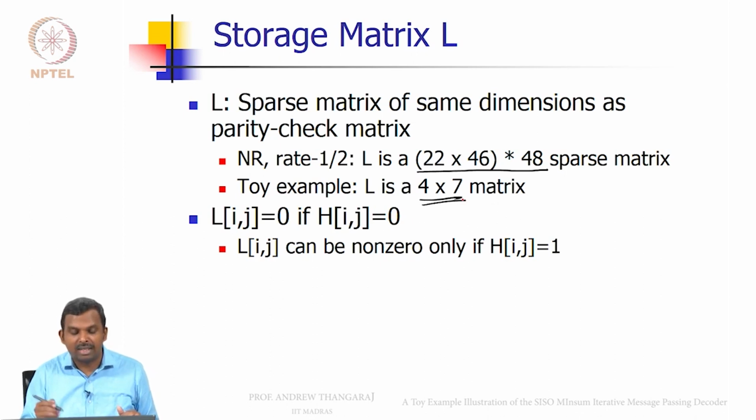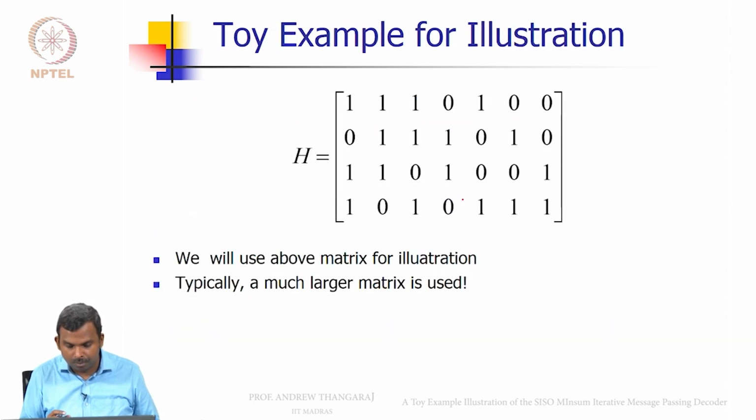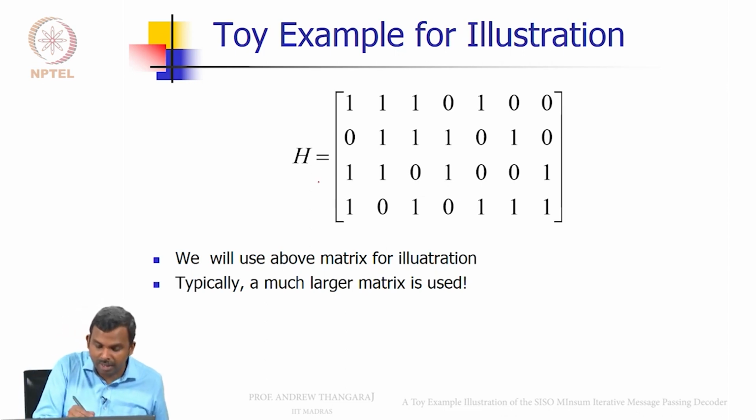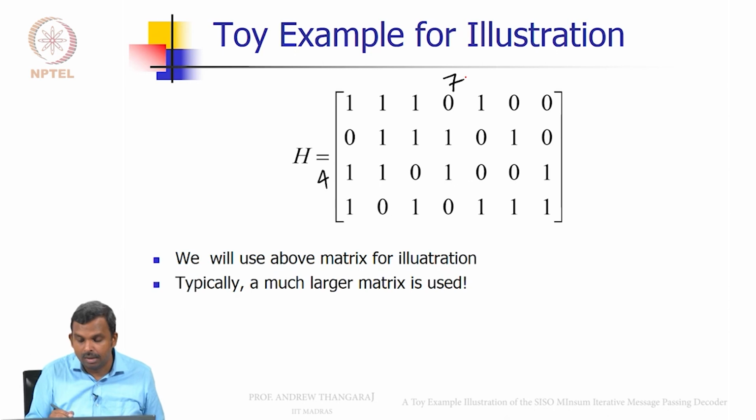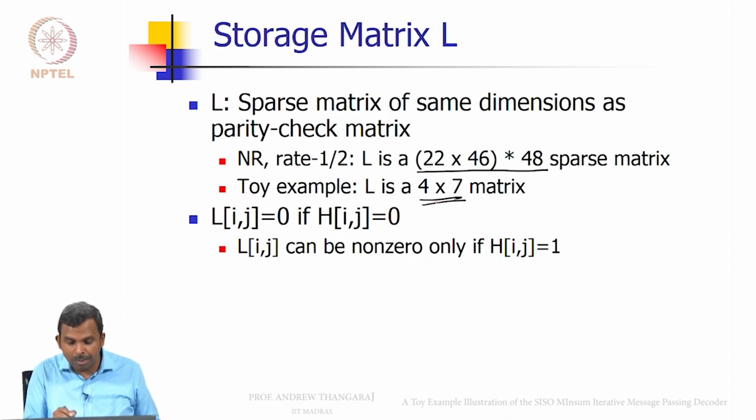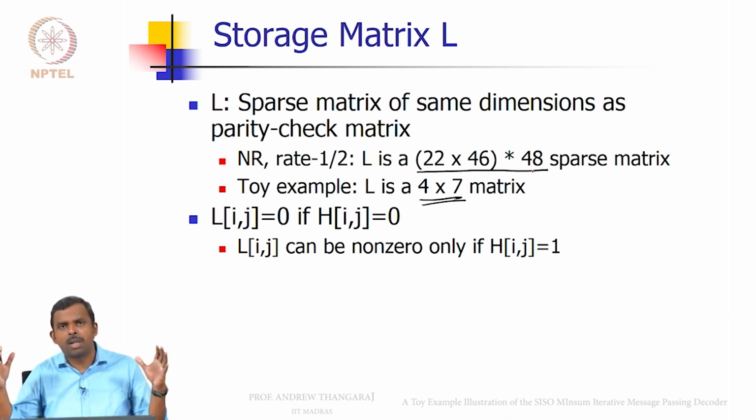Like I said, the real L matrix or the real parity check matrix will be very, very large, but we are taking a toy example. I am sorry, I think I said it is 4 by 8; this parity check matrix is 4 by 7. So, the toy example is just a 4 by 7 matrix, a real code will be very, very large. The same thing is blown up, but remember it is sparse.